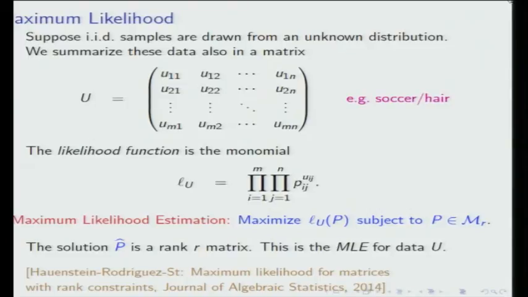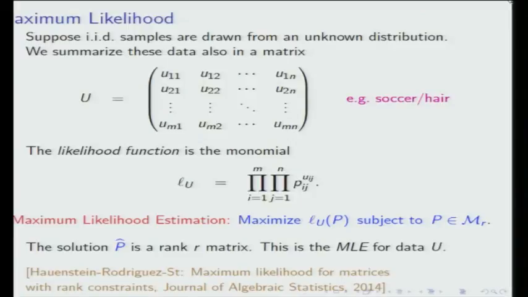Suppose we have a data set, and we're summarizing this in a matrix. So U is a matrix of non-negative integers, and the entry Uij is the number of samples with x in state i and y in state j. For example, that's my soccer hair matrix, right? So those are non-negative integers, and the total sum of the entries is the sample size. Okay? So then I'm going to look at the likelihood function. This is simply the corresponding monomial function.